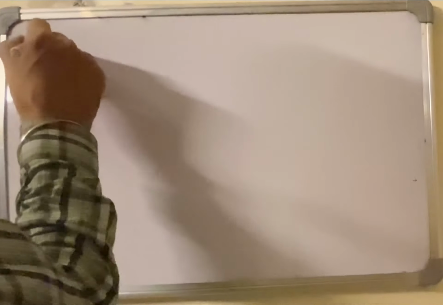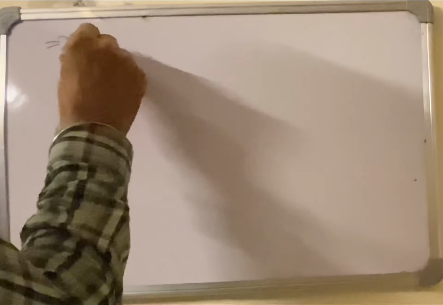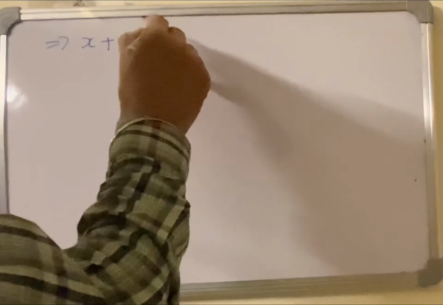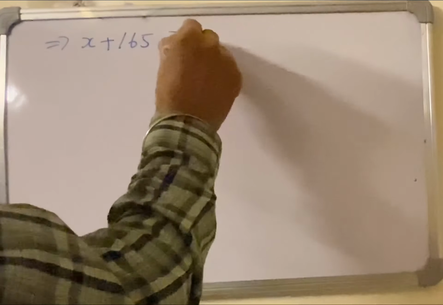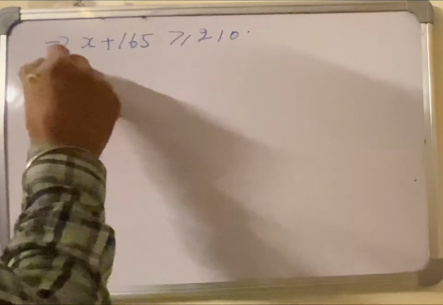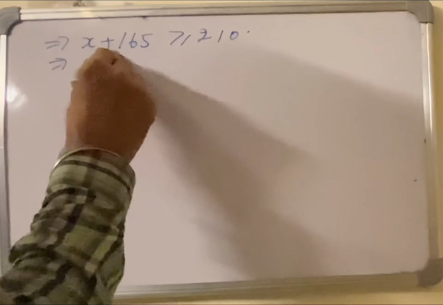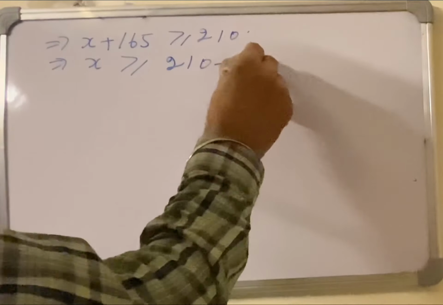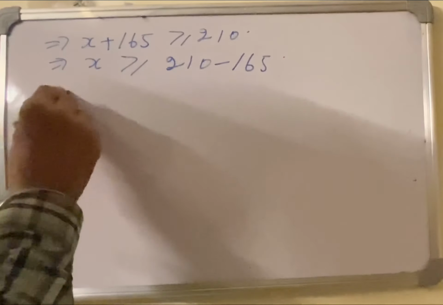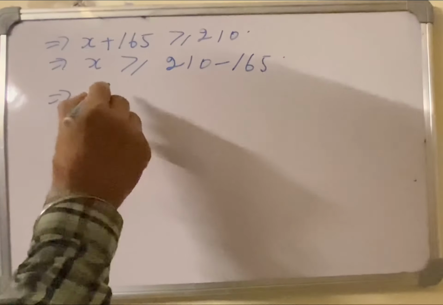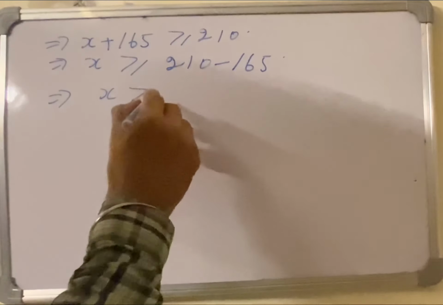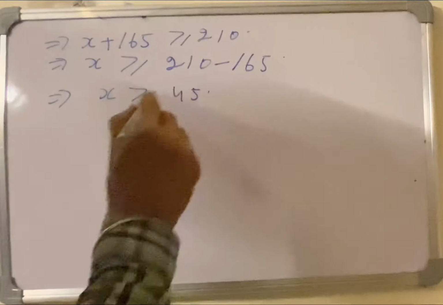Cross multiplying, x + 165 is greater than or equal to 210, which implies x is greater than or equal to 210 minus 165. Therefore, x is greater than or equal to 45.